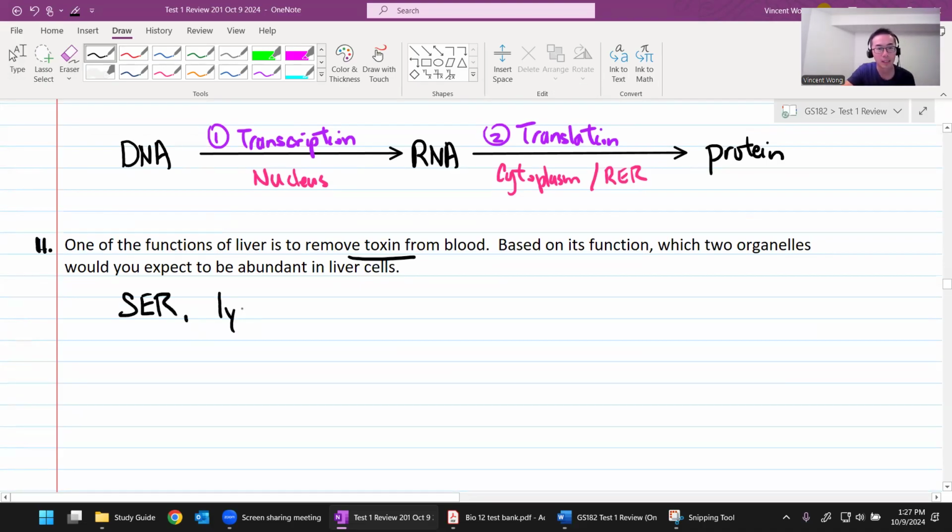There's also the lysosome and peroxisome. I know I asked for two, but really, all these things are going to play a role. Peroxisome.